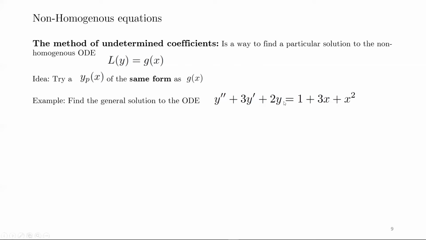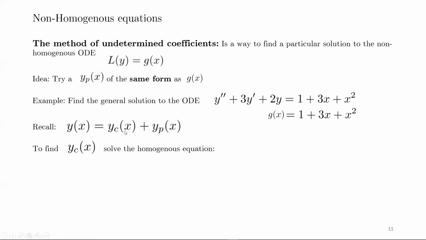We know how to solve the homogeneous version of this equation. We learned that in the last class. And the right hand side of this, or let's say the non-homogeneous term here in this ODE, well, I could write g of x is equal to 1 plus 3x plus x squared. Okay, so I know that I can write my general solution to this ODE as the sum of two terms, a complementary function and a particular solution.